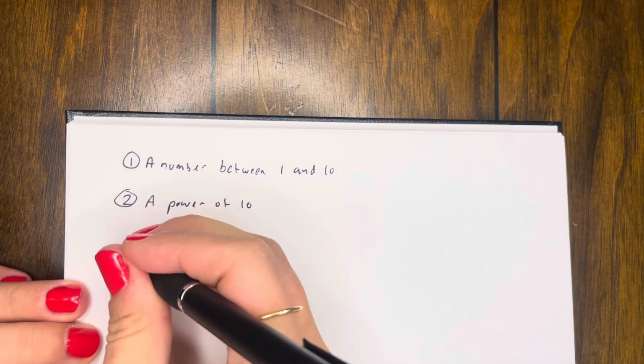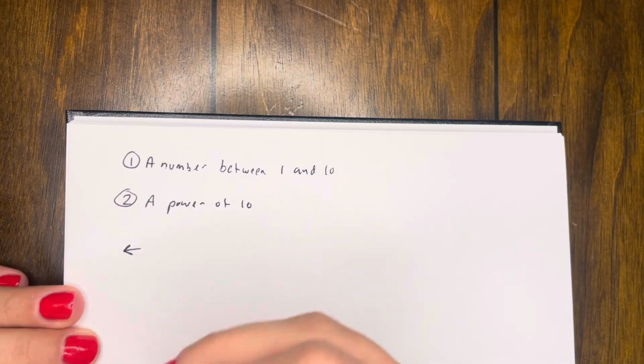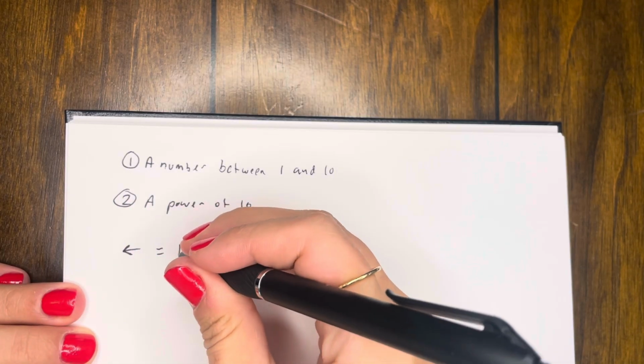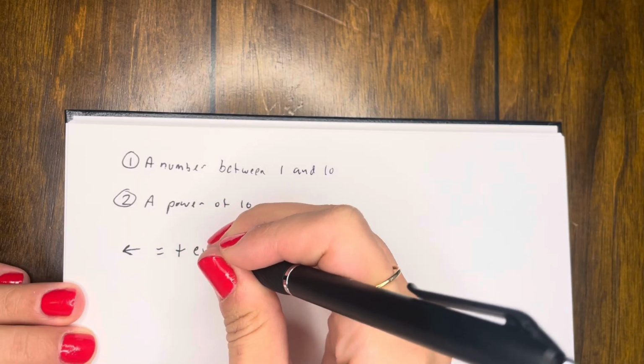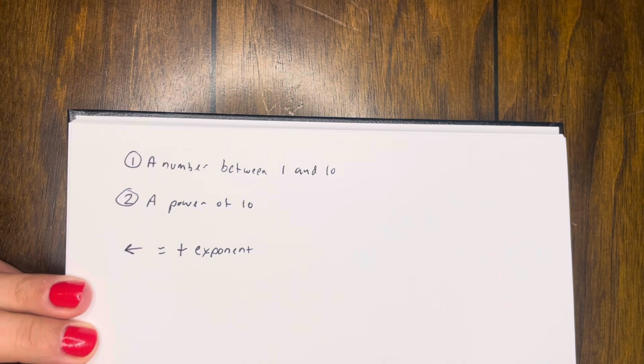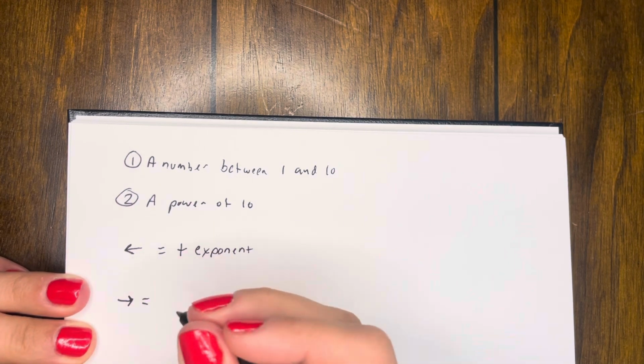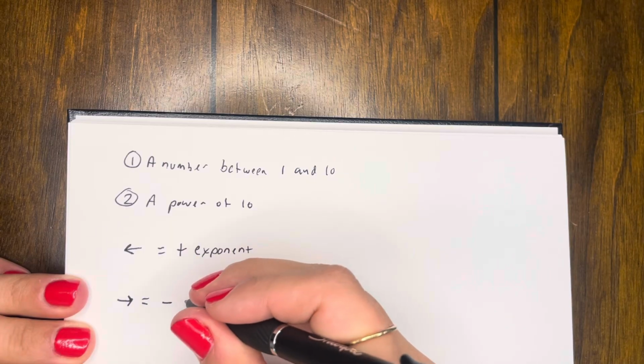And the rule of this is very simple. If you move a decimal point to the left, the exponent is positive. If you move the decimal point to the right, that would make the exponent negative.